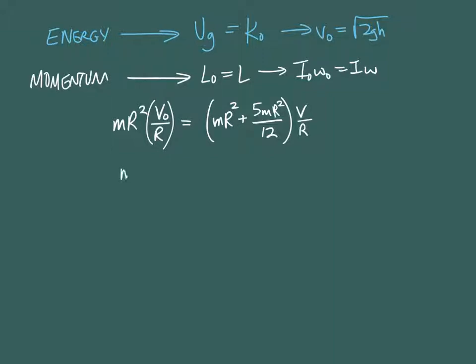And you get an mr V naught equals another mr out in front of, I'll put mr squared out in front, and you just get a 1 plus 5/12 here. V over R, and of course that R kills one of those.